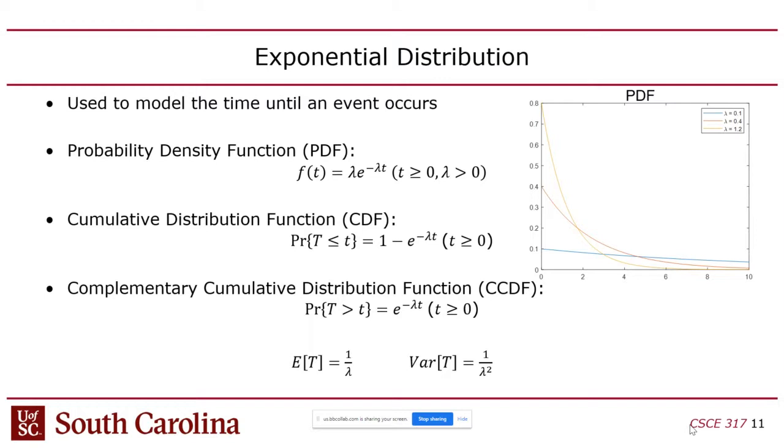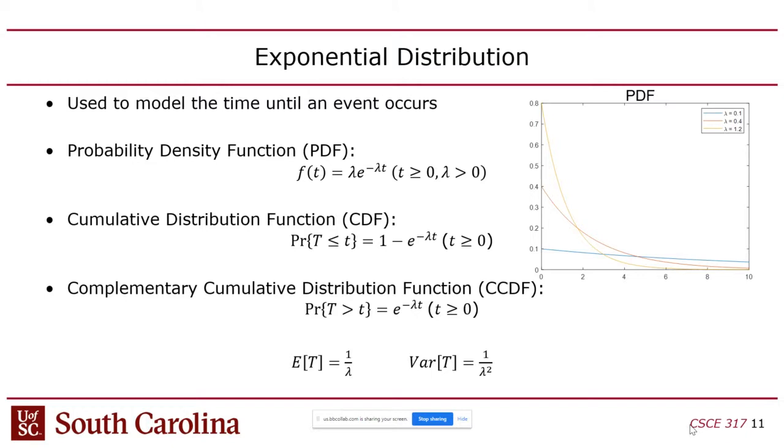Sorry, I said that wrong. If you crank down lambda, for lower values of lambda you have higher variance, because lambda is in the denominator of the variance. So lower values of lambda give you more spread, and more unpredictability in your inter-arrival times.